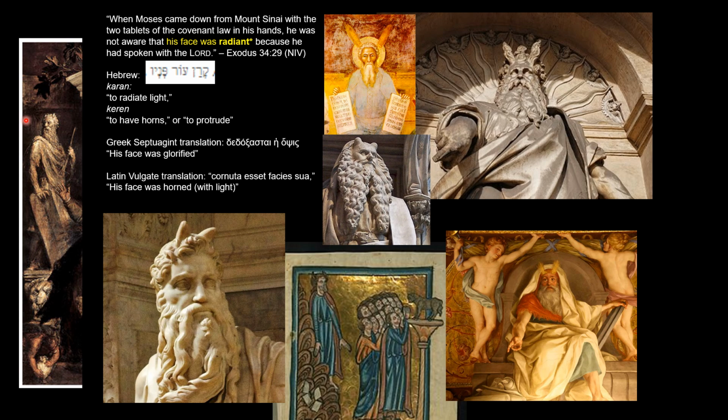So if you ever go into a church and you see a statue or a painting of an oldish man with a white beard carrying a couple of tablets and having shines of light coming out of his head, that's Moses.